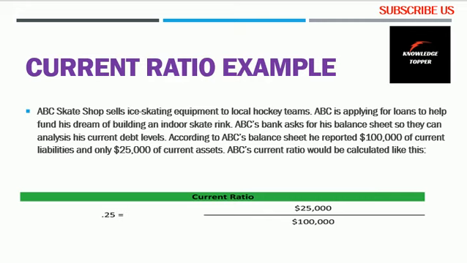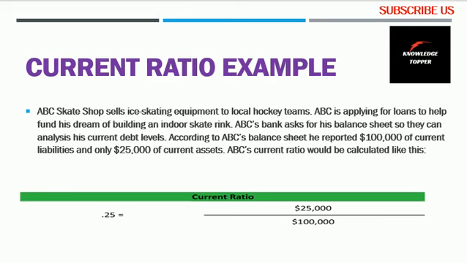Okay, since ABC's ratio is so low, at 0.25, and banks would prefer a current ratio of at least 1, it is unlikely that ABC will get approved for his loan.